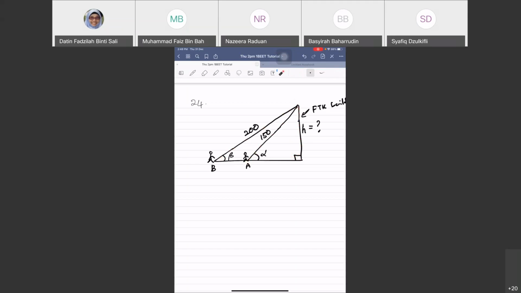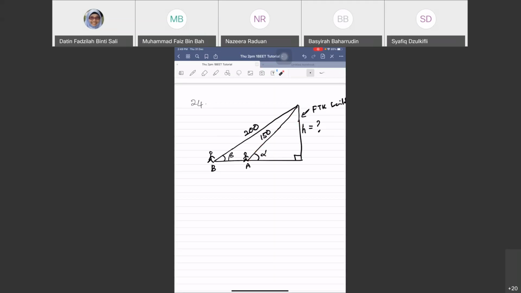It doesn't matter which one you look at first. If you look at angle alpha first, you are looking at this triangle, with hypotenuse 150 feet and opposite side H. The trigonometric ratio is sine, opposite over hypotenuse.